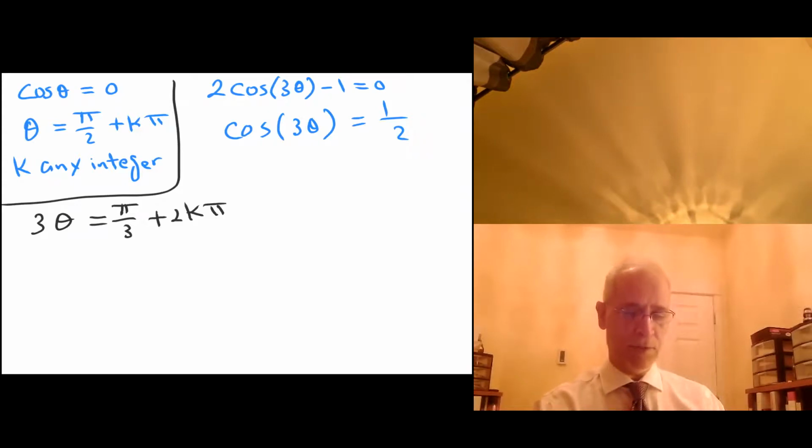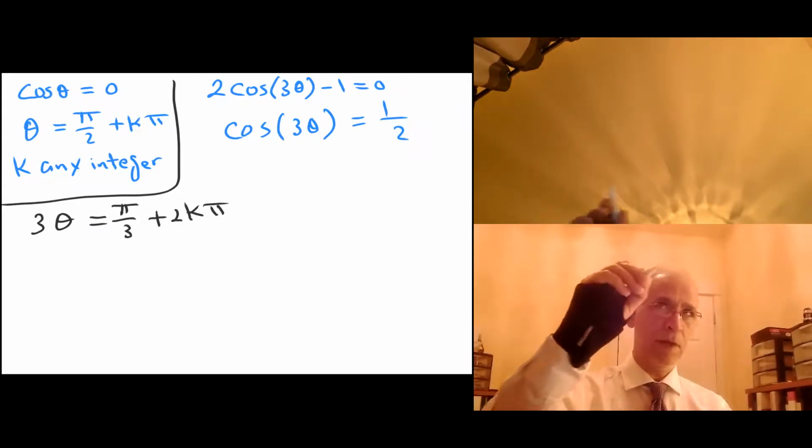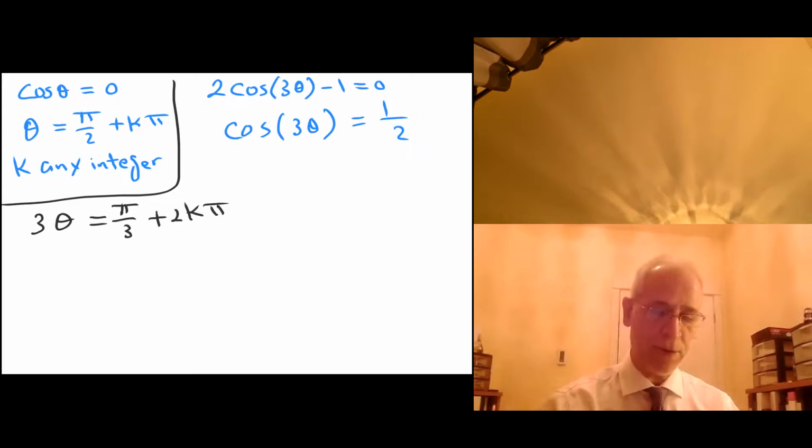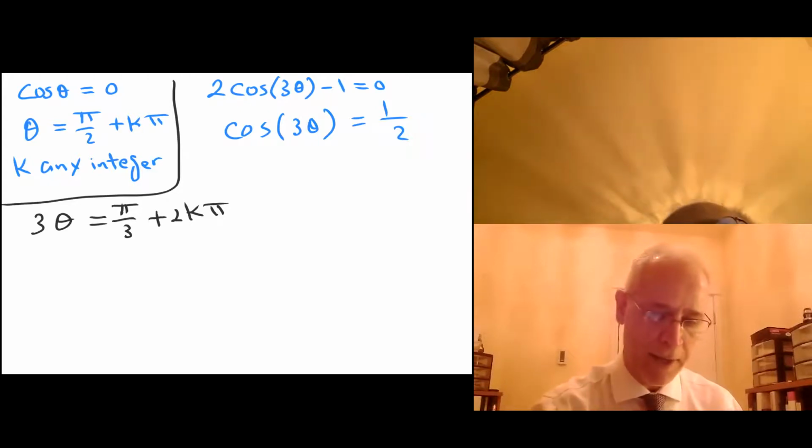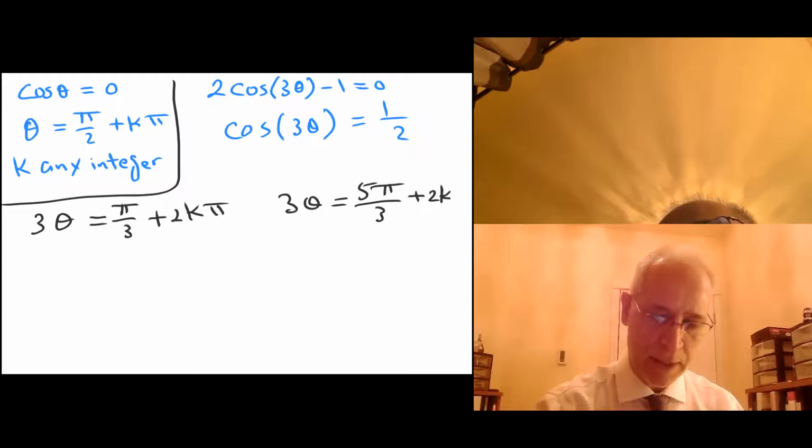Cosine is 1/2 in quadrants 1 and 4. So pi over 3 plus 2k pi, and also 3 theta equals 5 pi over 3 plus 2k pi.